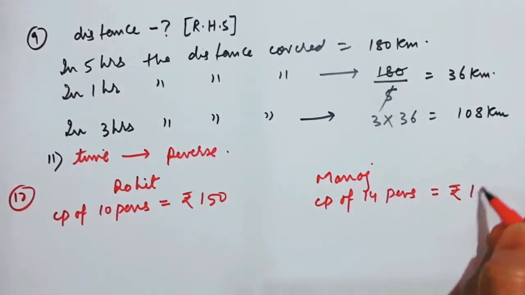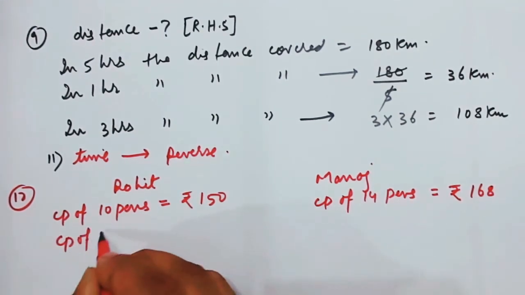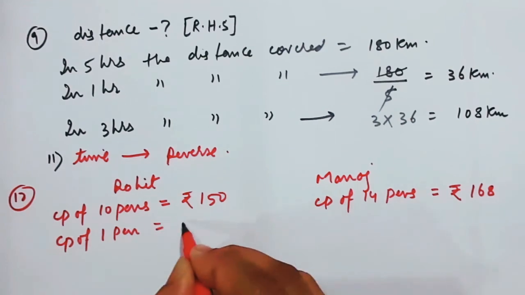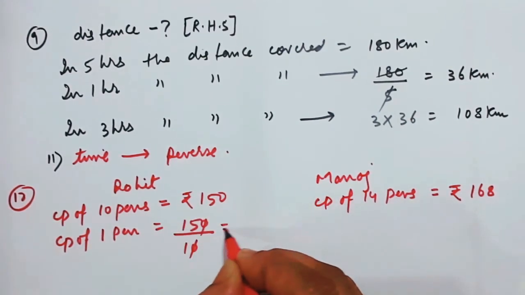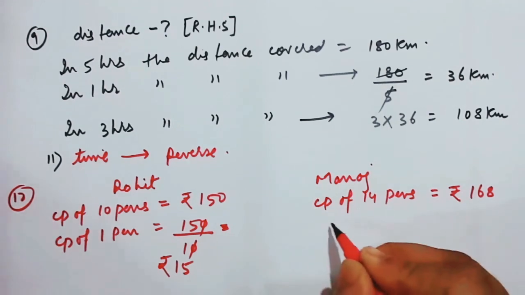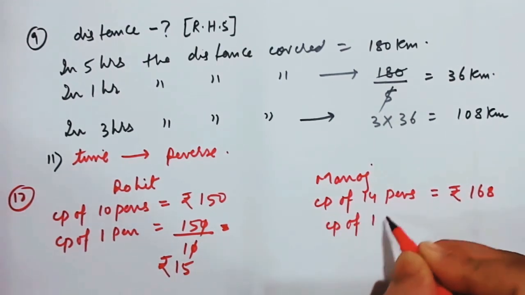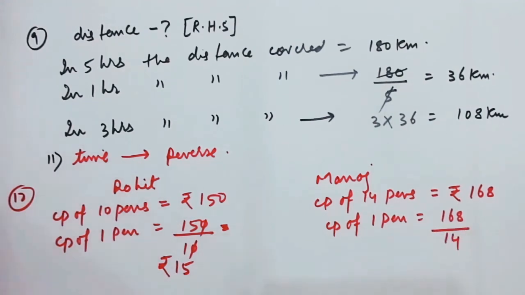Rupees 168. Good. So the cost price of 1 pen will be 150 by 10, equal to rupees 15. I'll write over here rupees 15, and here the cost price of 1 pen will be equal to rupees 12.